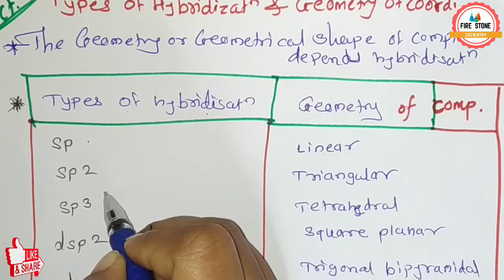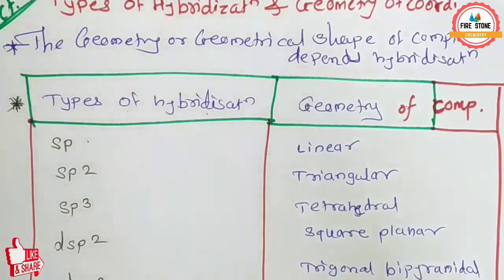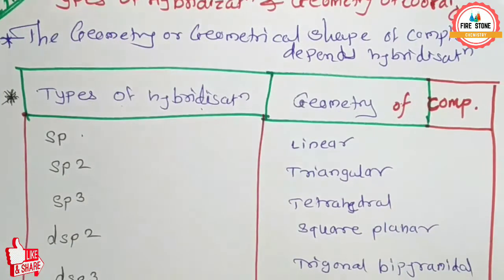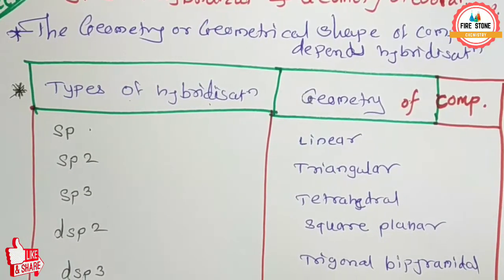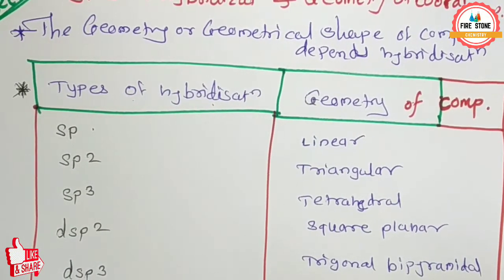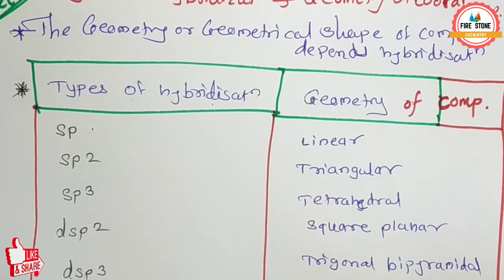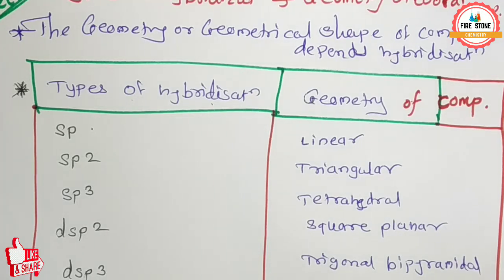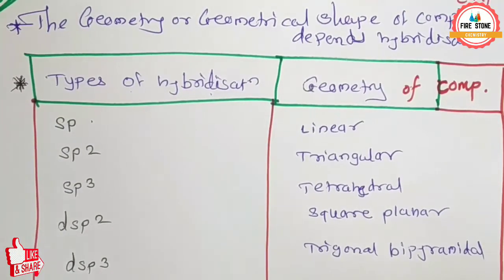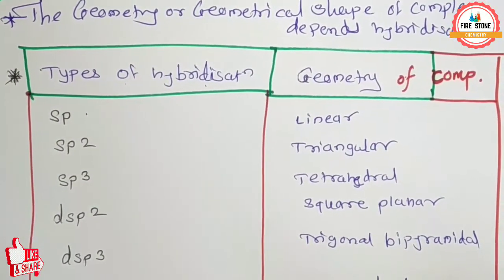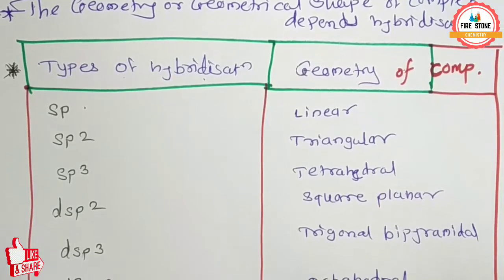Again, depending upon the involvement of the orbitals of ligands, there are four more hybridizations: dsp2, dsp3, d2sp3 and d3sp3. Here we see how they are related to the geometry.